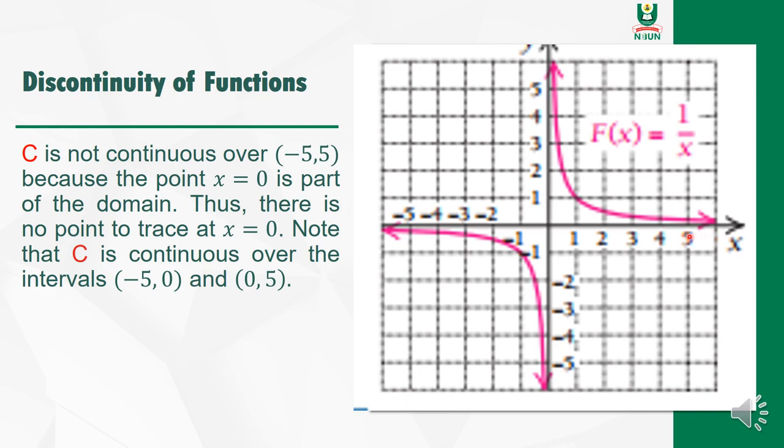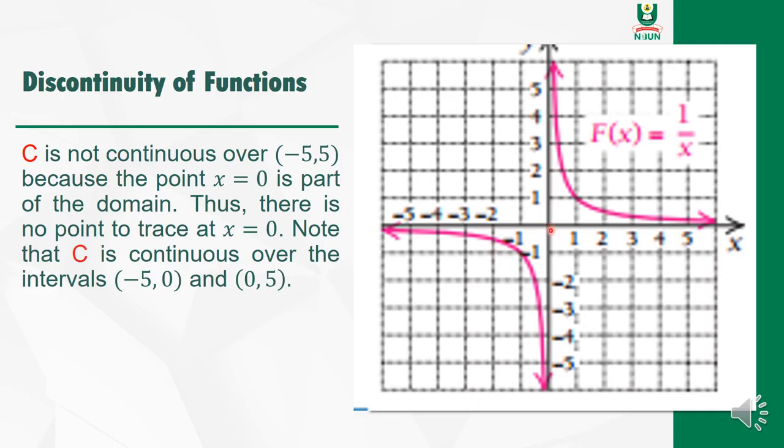That is, -5 ≤ x ≤ 5. We say it's not continuous because the point x = 0 is part of the domain, and there's no graph here at the point x = 0.